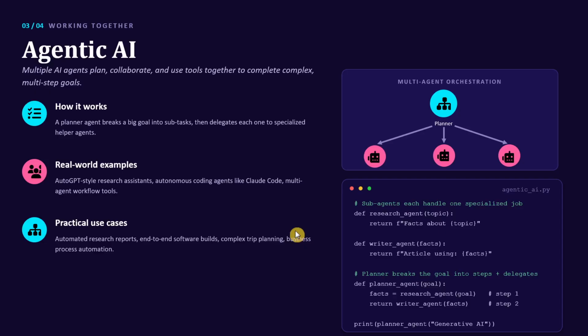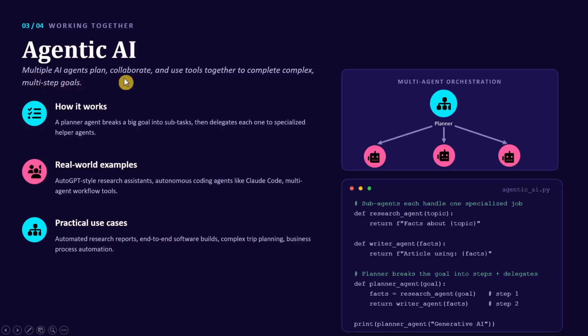It will check the internet and all available sources, and it breaks the big goal down into subtasks and gives those tasks to multiple, different agents, and they get the data back to the user. That is how agentic AI works.